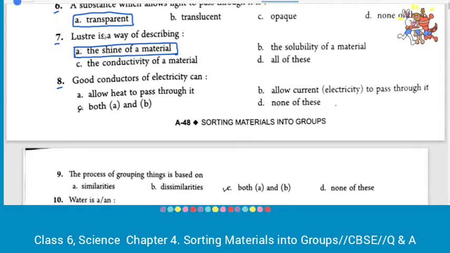Eighth: good conductors of electricity can allow heat to pass through it, allow current to pass through it, both A and B, none of these. Answer is both A and B. That is, it allows heat to pass through it and also current to pass through it.